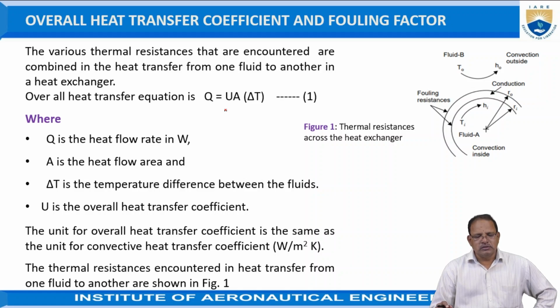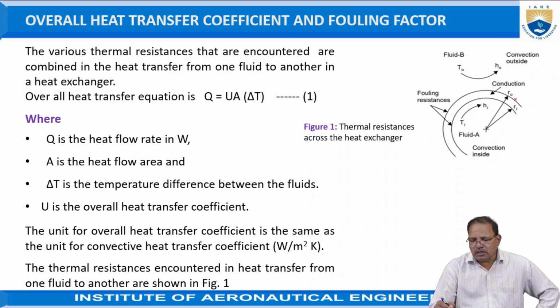The thermal resistance incurred in heat transfer from one fluid to another fluid is shown in the figure. Here the thermal resistance may be due to the conduction process or convection resistance, when the fluid is flowing through a pipe. Internally, scale is formed on the inner surface of the tube, which also prevents the heat transfer from the higher temperature fluid to the lower temperature fluid.